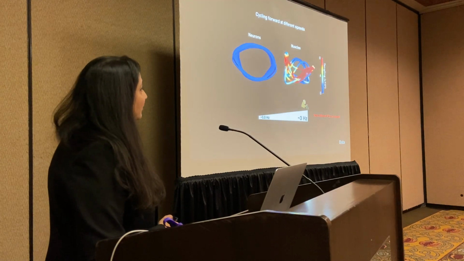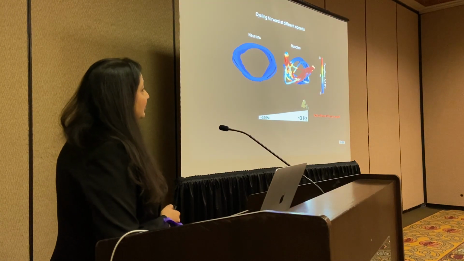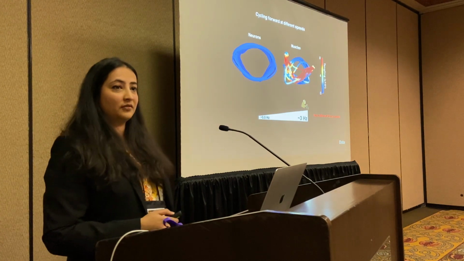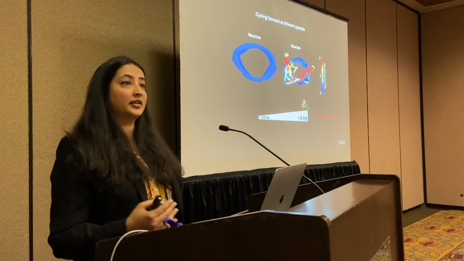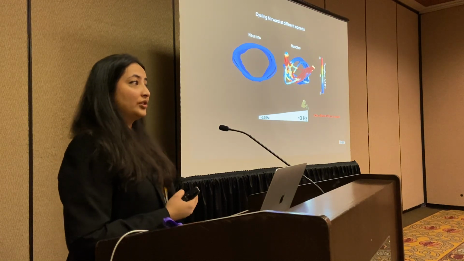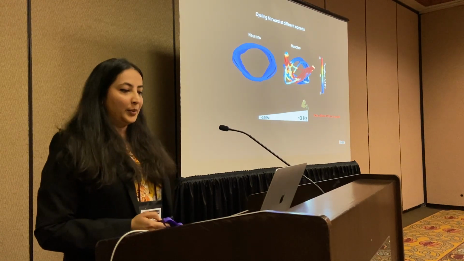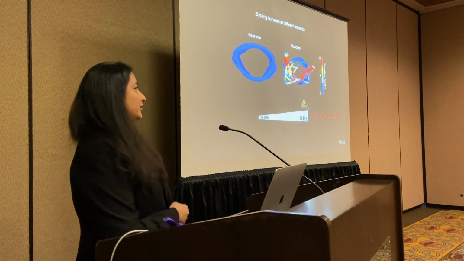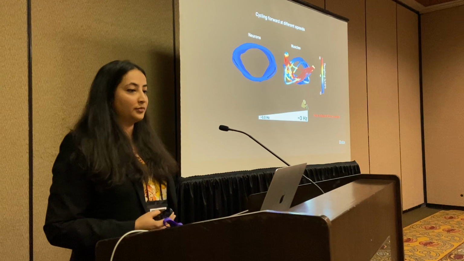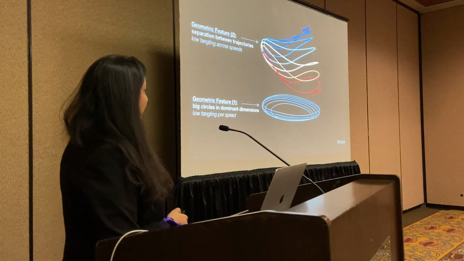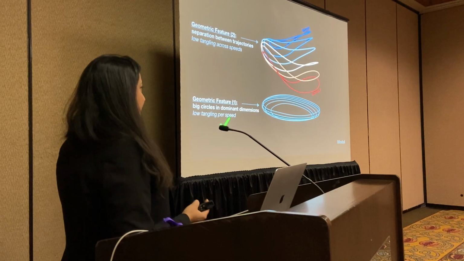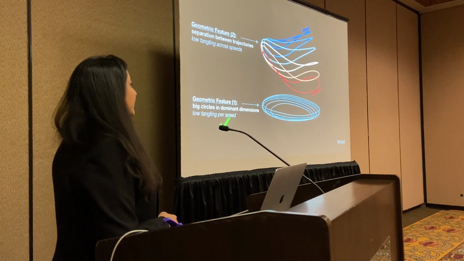And here I'm overlaying all these trajectories for you to just show you the similarity between all of them for the neural data, as well as the differences between all of them in muscle data. You see really well that the pattern of the muscle activity changes across different speeds. And we can quantify this. I'm not going to take you through that quantification, the fact that these are big circles and very similar across speeds. But basically, this geometric feature, number one, is seen very clearly in the data.